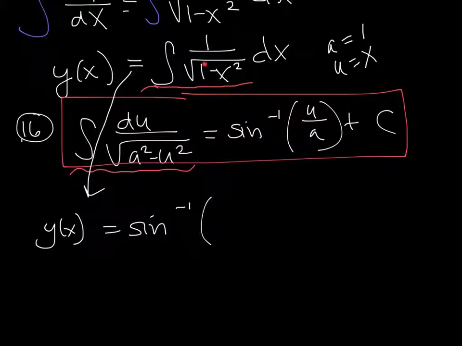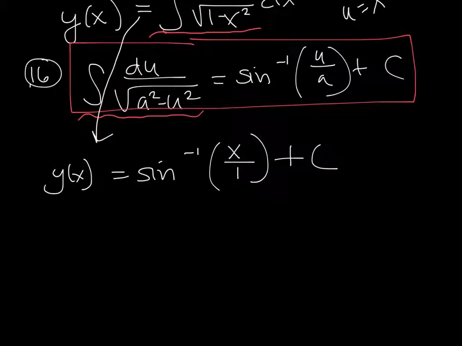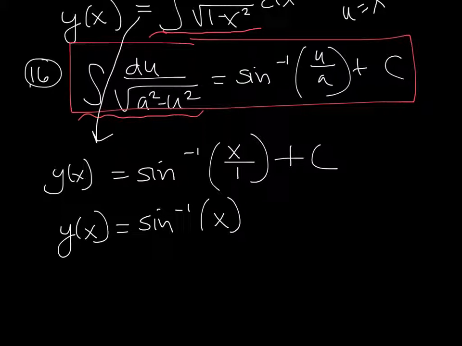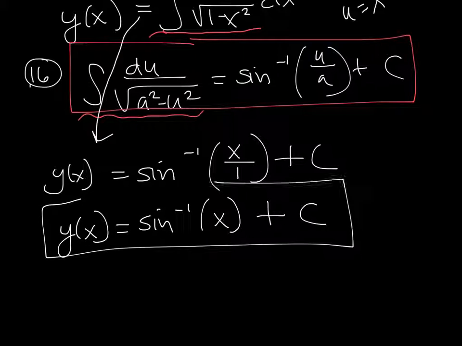If you want to write 1 squared, that's fine, it's still 1. And then that's our u. So we have u over a, that's x over 1, which is just x, plus our constant of integration. And so our general solution to this differential equation is sine inverse of x plus c. So again, this is a general solution.